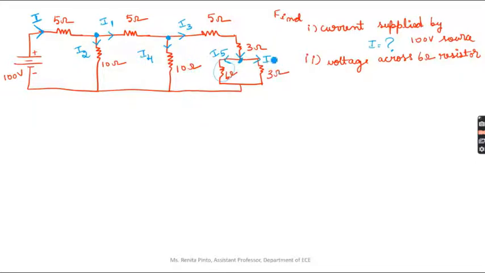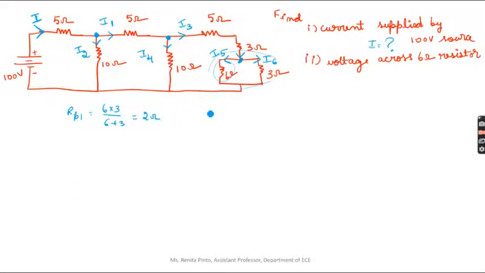First I'll solve this. You can see here the 6 ohm and 3 ohm resistors are in parallel. So Rp1 equals 6 into 3 divided by 6 plus 3, which gives you 2 ohms.